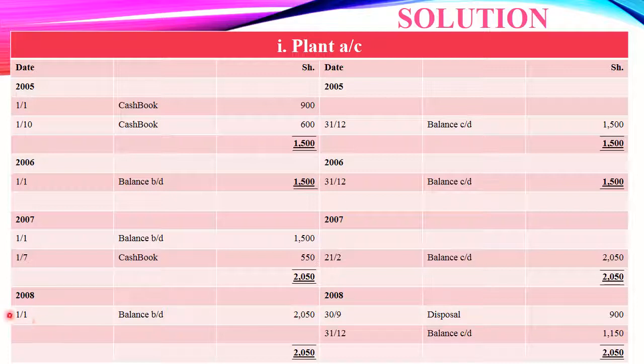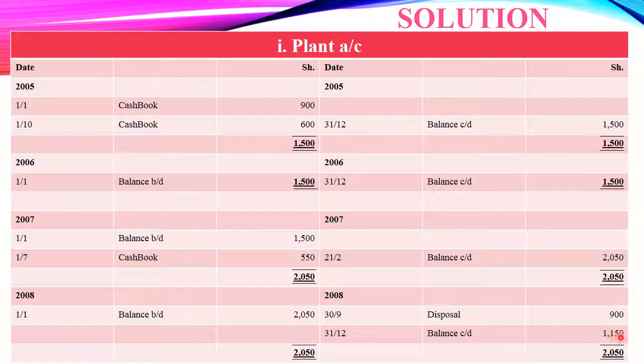Then on 1st of January, without forgetting, we are going to start with that amount that we had carried down in the previous period of 2,050. So we have it here. So to balance off the transaction in 2008, we are going to carry down 1,550, and we'll have a balancing figure of 2,050.